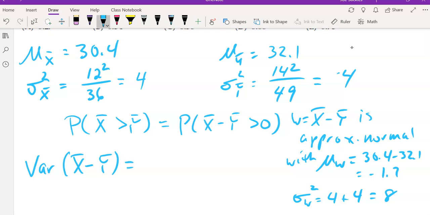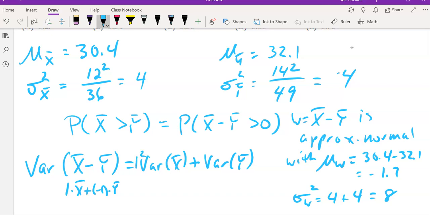So that's the variance of x bar plus the variance of y bar, because I got to square this coefficient. This is 1 times x bar plus negative 1 times y bar. I'm squaring those coefficients, so it's 1 squared and negative 1 squared. That's what gets squared. Okay. Does that make sense?